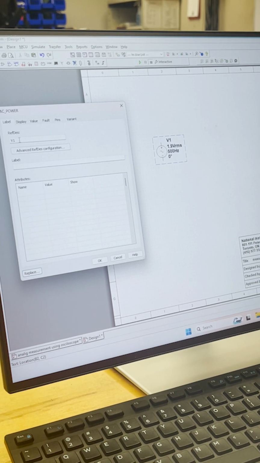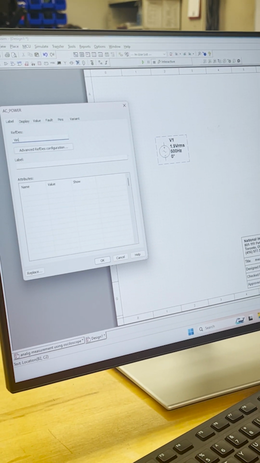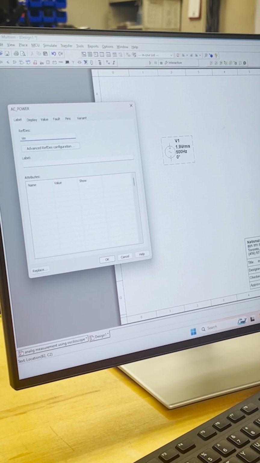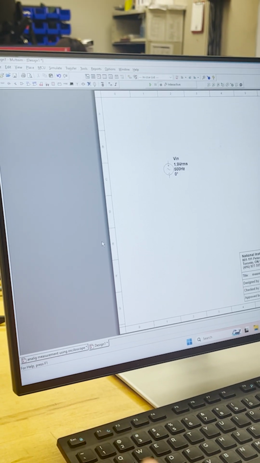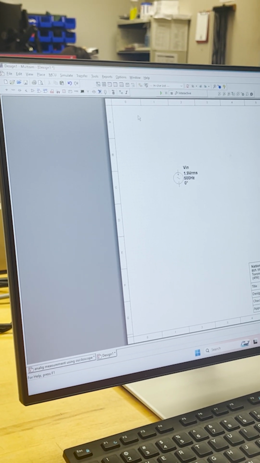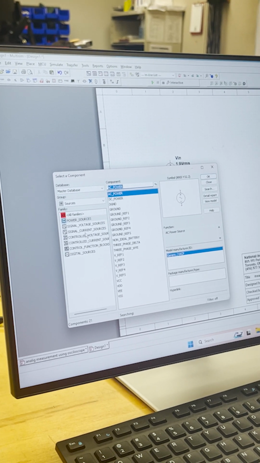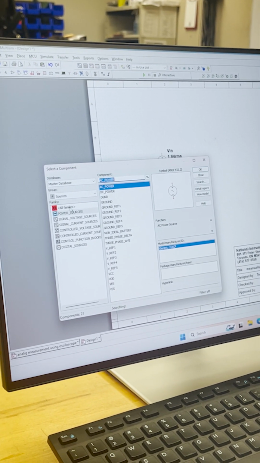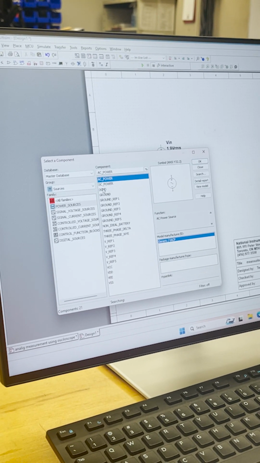Also going to label it voltage N. And I'm going to need a ground, which you can find also on sources.